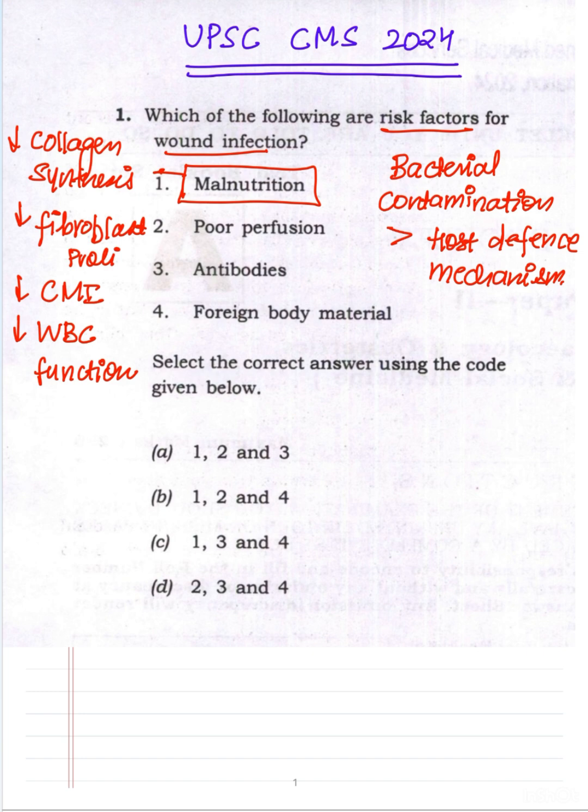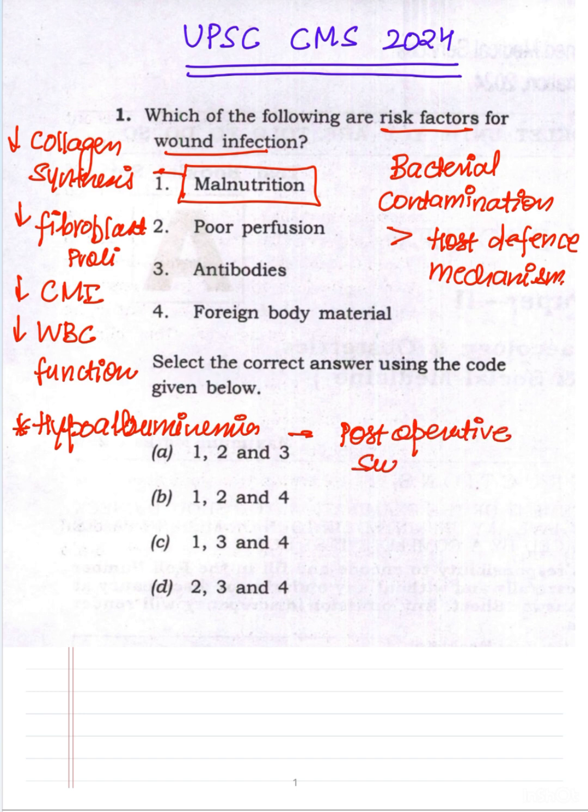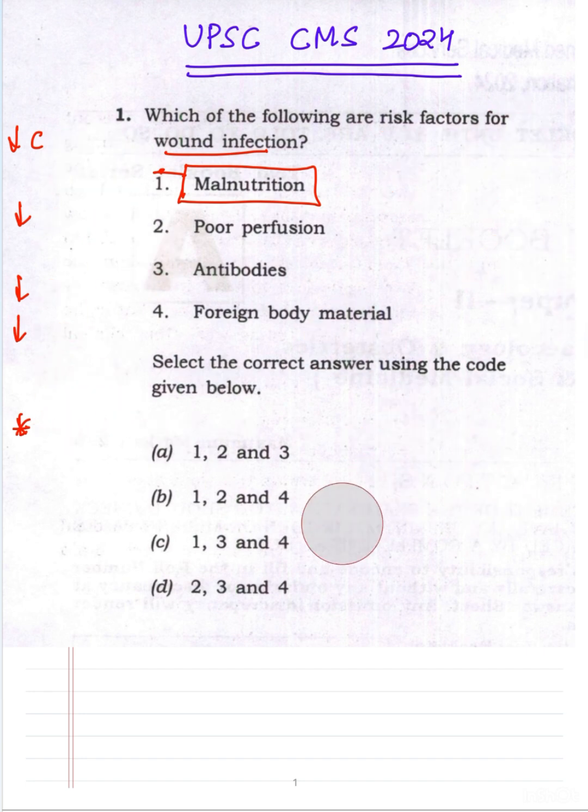So malnutrition is a risk factor, and most importantly, hypoalbuminemia is associated with post-operative surgical site infection. So the first option is correct.